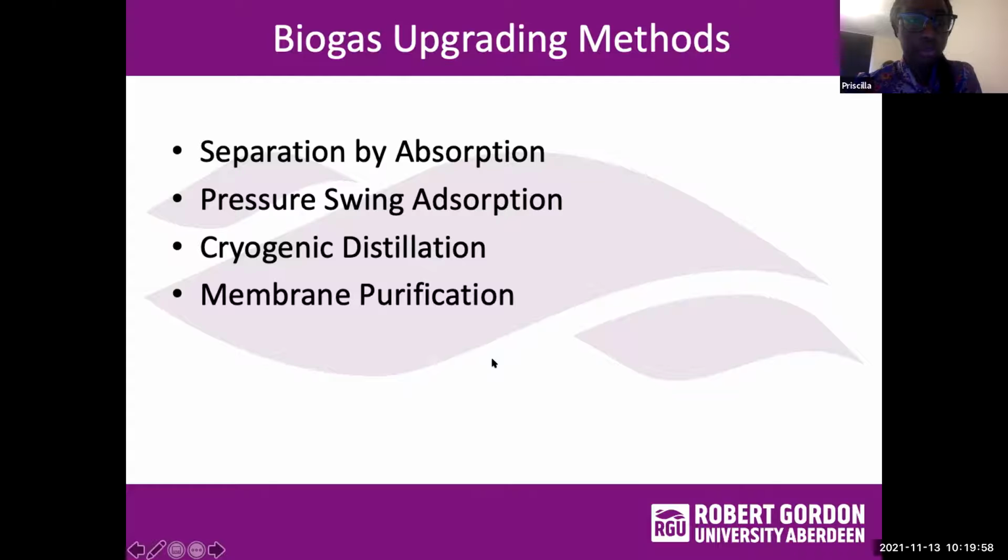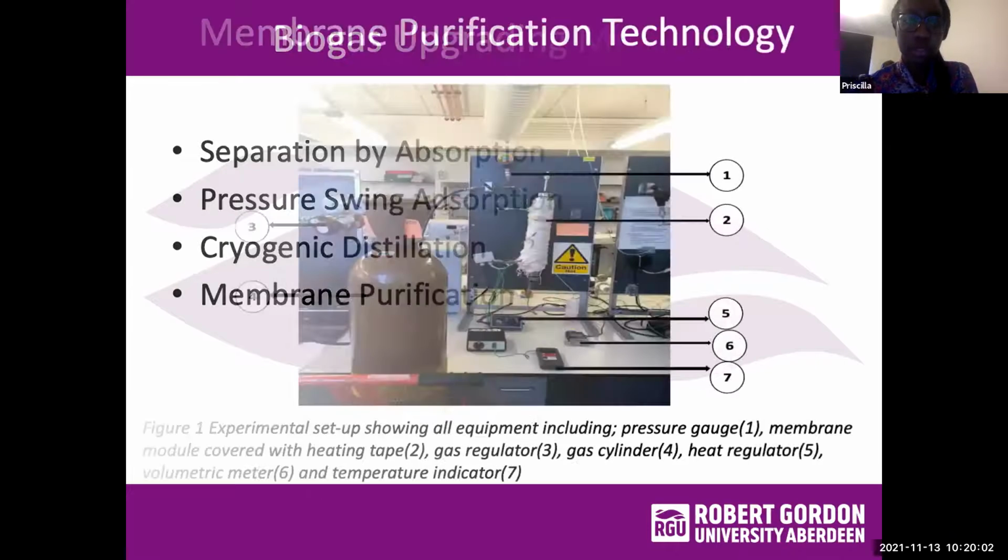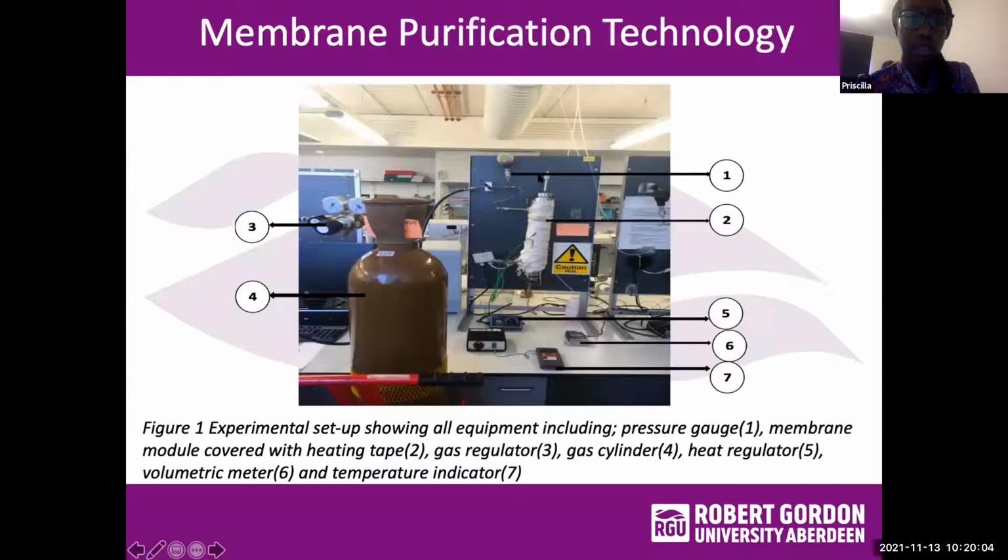I'll be focusing on membrane purification, and this is what my laboratory setup looks like. So basically, the biogas mixture or biogas components are in the cylinder and are passed through a pressure gauge and the membrane module.